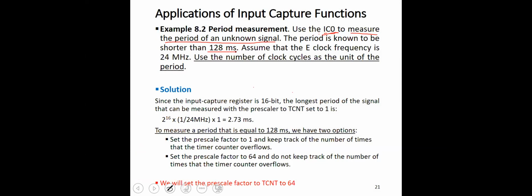We need to know something about the period because we need to configure the timer properly. So assume now that the E clock is 24 megahertz.